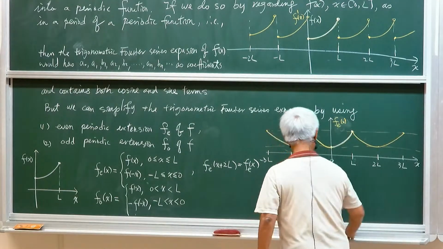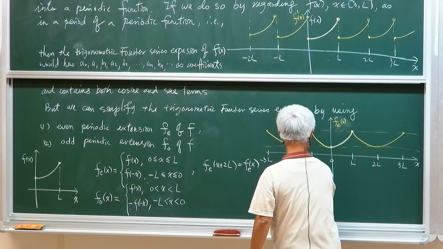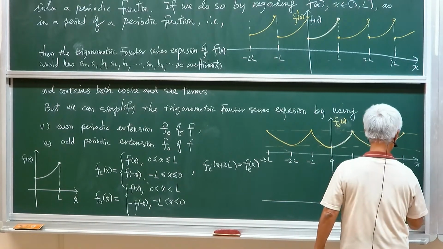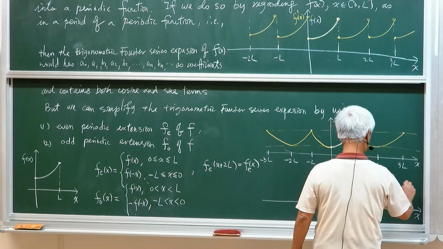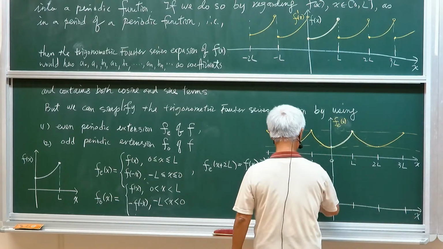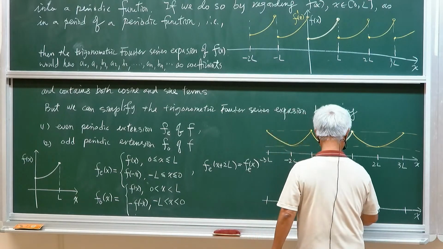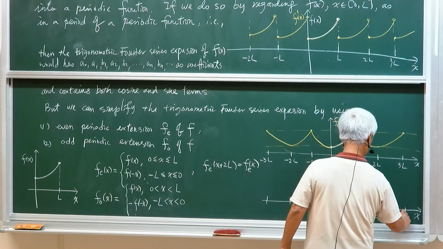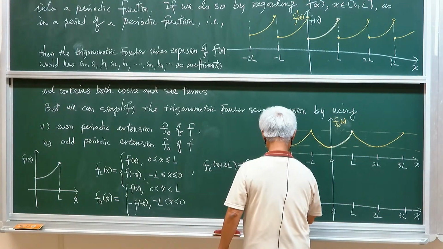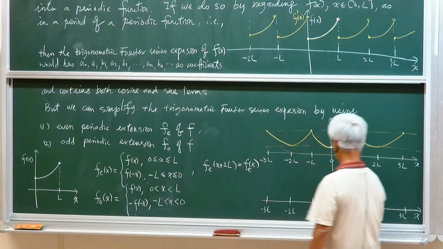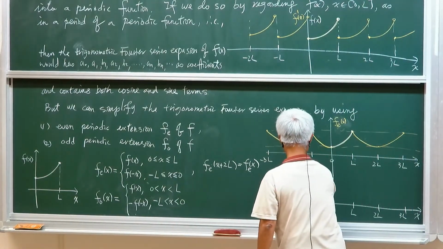Now the construction of the odd periodic function is here, with 0, L, 2L, 3L, minus L, minus 2L, minus 3L.